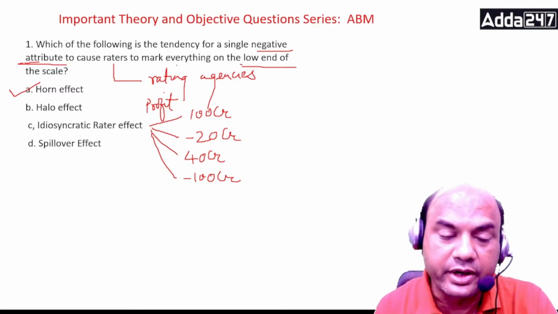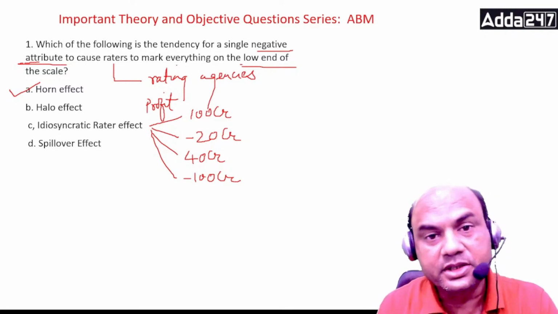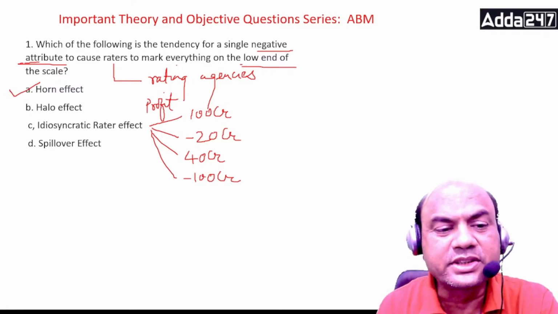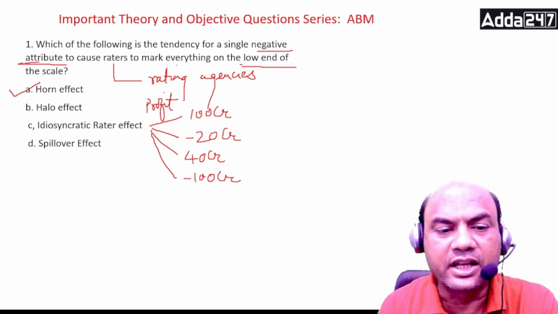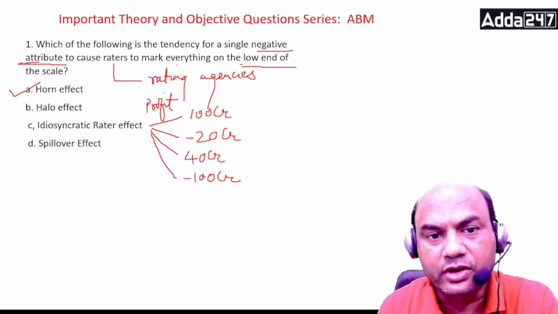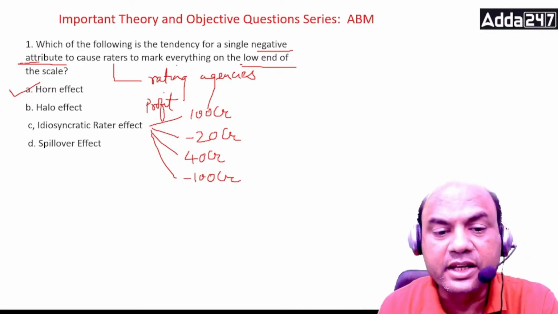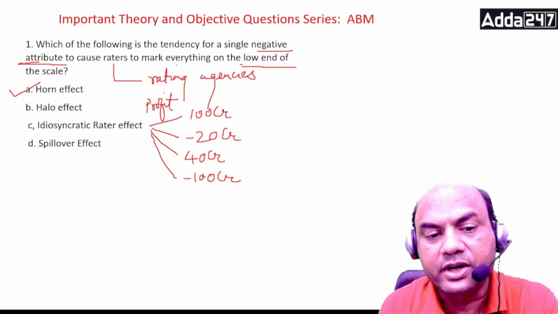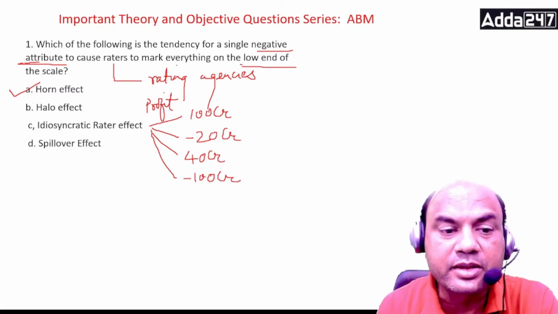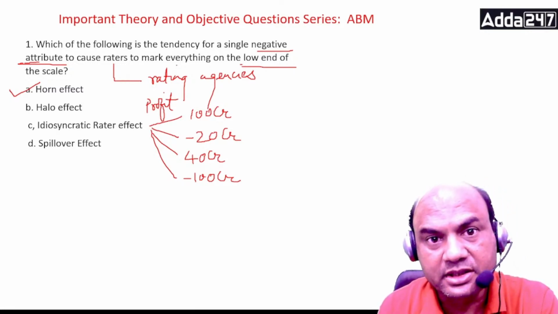On a single point, you are judged. That is wrong, isn't it? The halo effect you might be knowing, many of you. Spillover effect means always later. Idiosyncratic is different. It's based on profit. Kindly remember this much only. Horn effect is based on a single question.